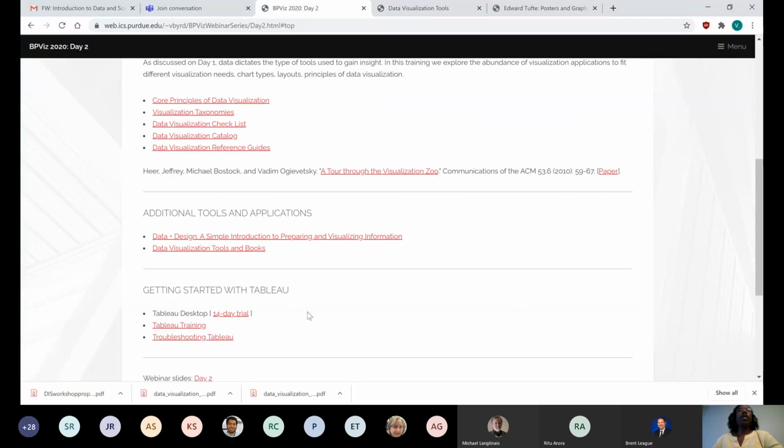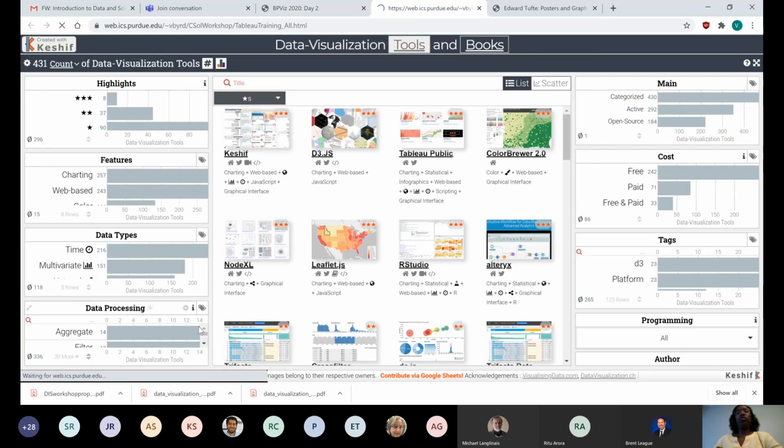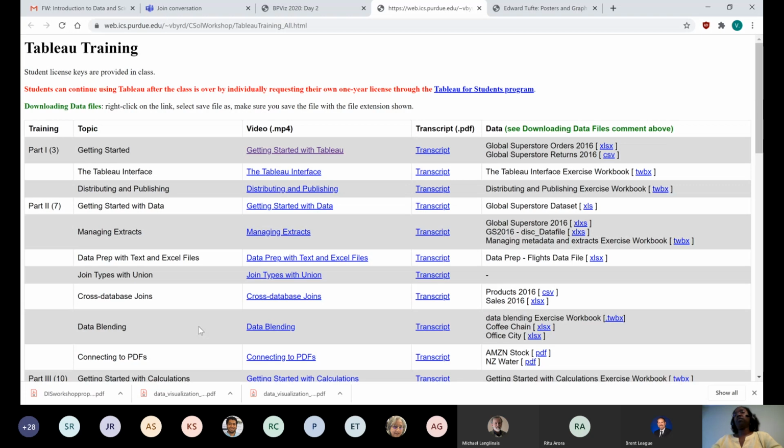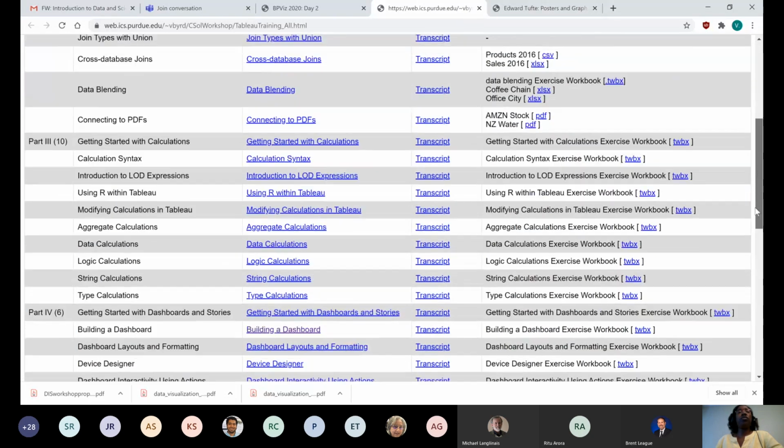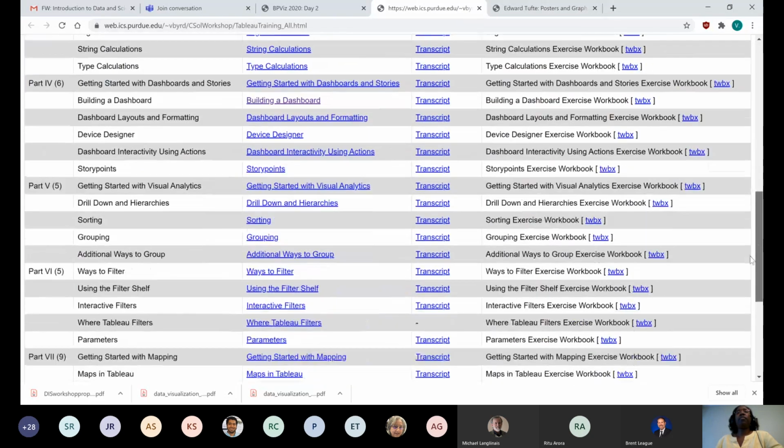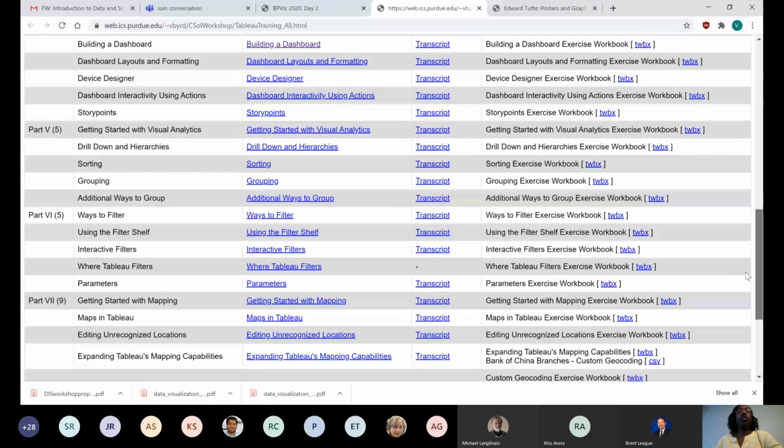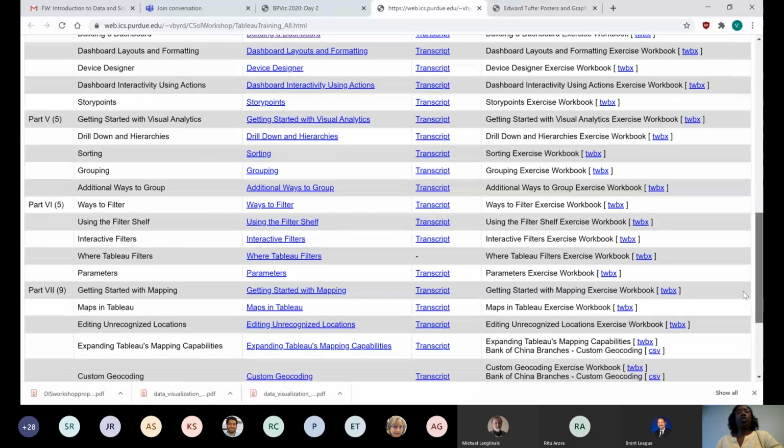So on page 2, in the section that says Getting Started with Tableau, there's a link that says Tableau Training. And what I've done is I've located several training modules and created this web page. There are, I believe, 7 different modules, and within each module there are different exercises, 9 that you can work on.